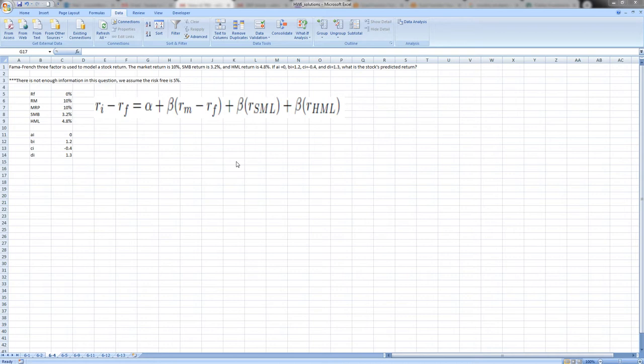If the standard coefficient alpha slope is 0, the beta slope coefficient for the market return is 1.2. The beta slope coefficient for small minus big is negative 0.4, and the beta slope coefficient for high minus low is 1.3. What is the stock's predicted return?